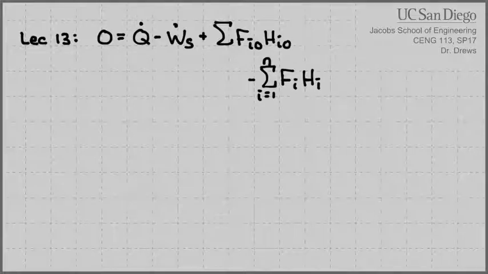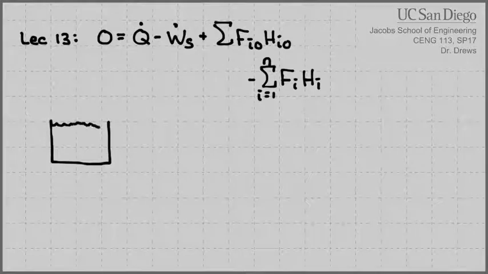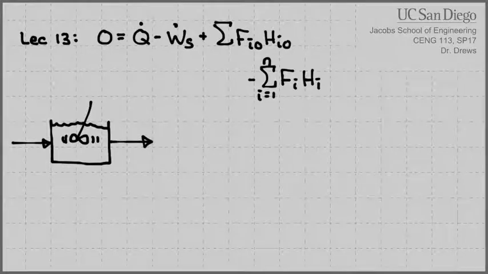The CSTR energy balance doesn't look that much different from the energy balance, at least in terms of control volumes and whatnot. So remember, a CSTR has a little stirrer in there that has to be moving. And then there's a flow coming in and a flow coming out.